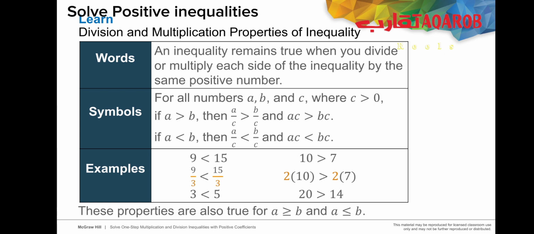And you will do the same here: if 10 is more than 7 and you want to keep the left side more than the right side, whatever you do, if you multiply 10 by 2, you must multiply 7 by 2 to keep the inequality true.